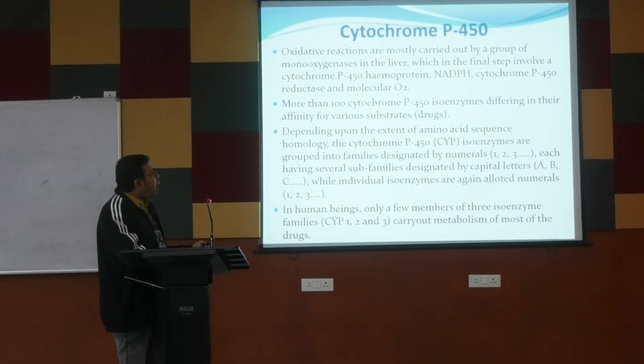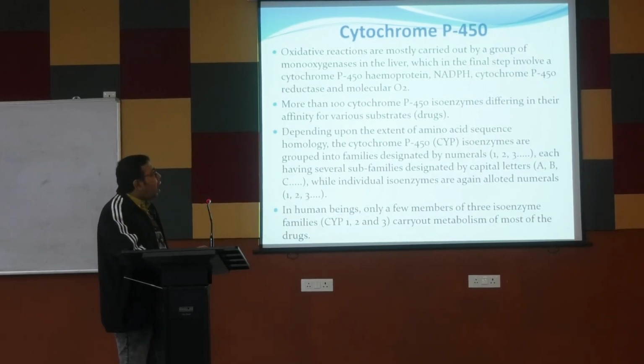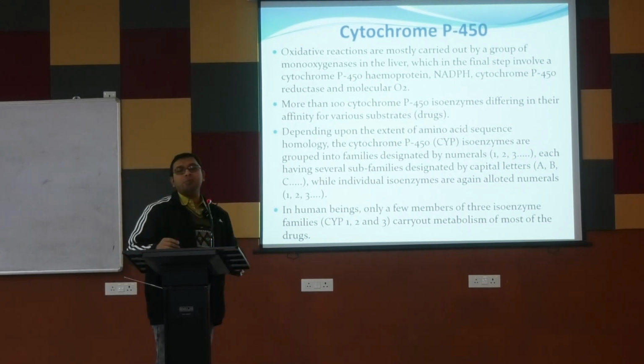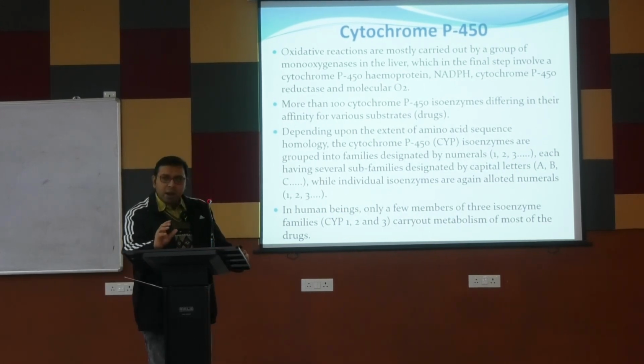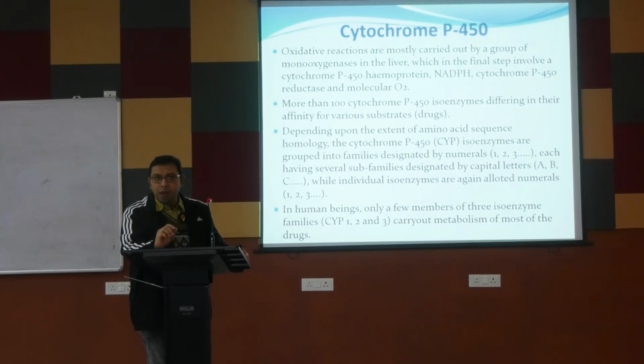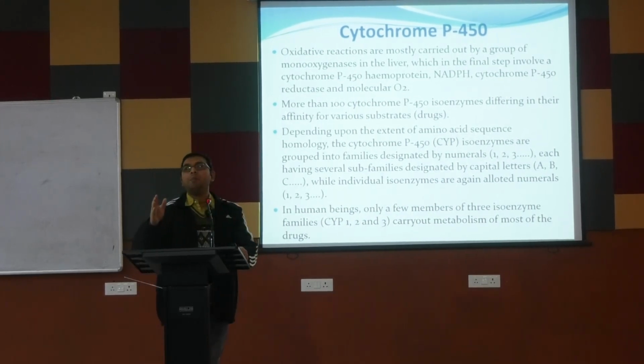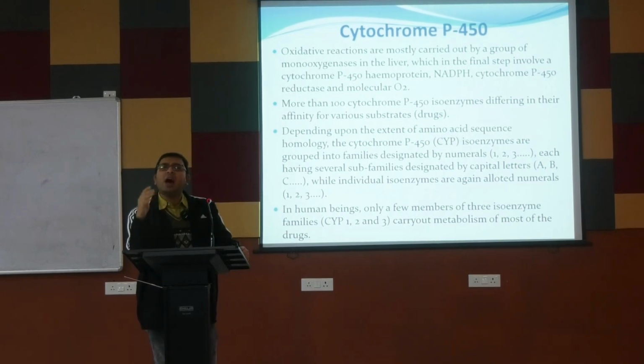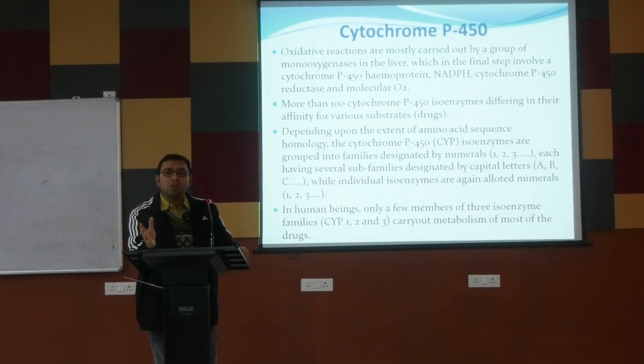Now there are more than 100 cytochrome P450 isoenzymes. Isoenzymes means there are subtle changes in the structure of different cytochrome P450 enzymes, and cytochrome P450 is also present in other mammals or other animals. In humans, this is also present.